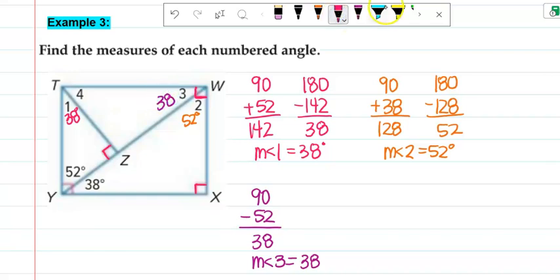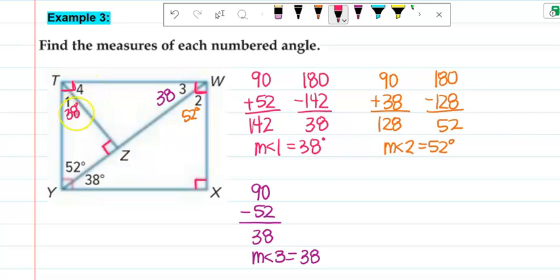Okay, and then last but not least, we would have to find angle 4. So angle 4, we could do this a couple different ways. We can see that this shape, this big shape, is a rectangle. Okay, so this angle up here should also be right. So 1 and 4 together are creating a right angle. The other way you could think about it is right here in this middle piece, we have a straight line.